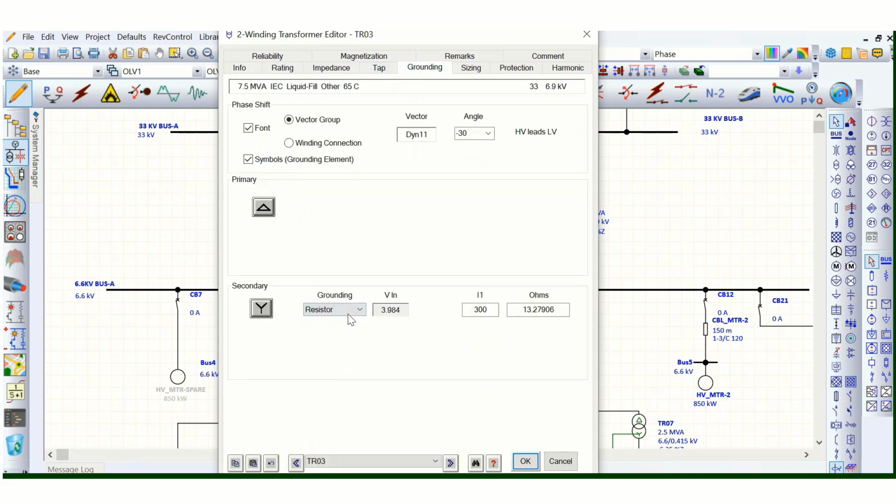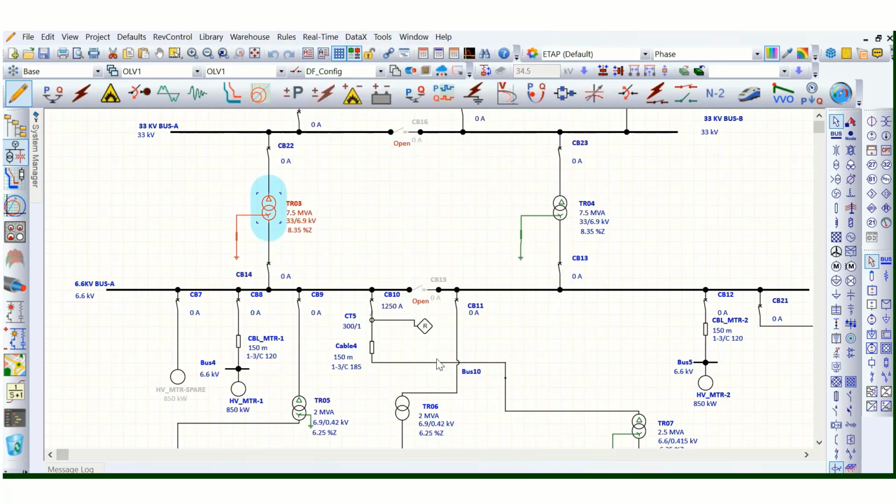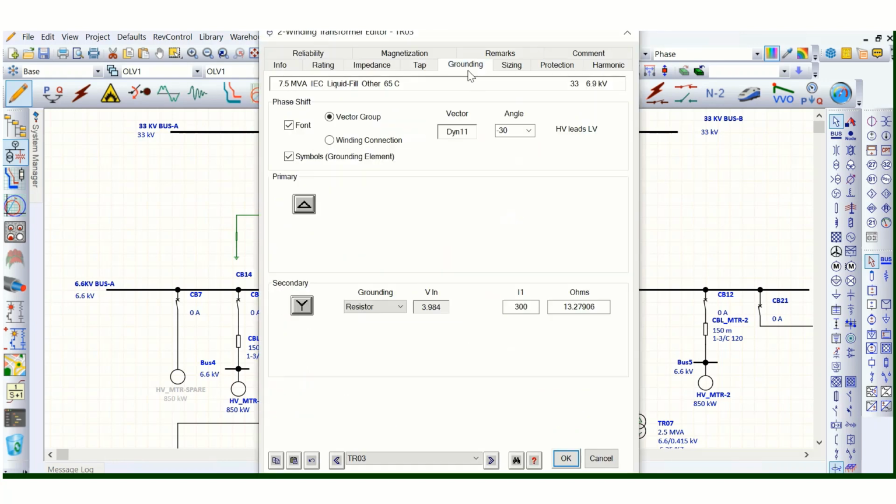So this is the resistive grounding system. Suppose this grounding current will be limited to 300 ampere. So it is a 300 ampere resistance grounded system. Accordingly, the ohmic value of this resistance will be calculated based on that requirement.